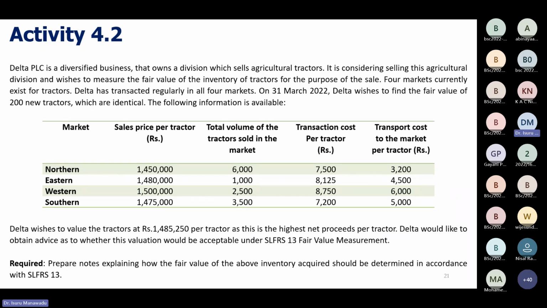The markets currently exist for tractors. Delta has transacted regularly in all four markets. On 31st March 2022, Delta wishes to find the fair value of 200 new tractors. Underline that. 200 new tractors.